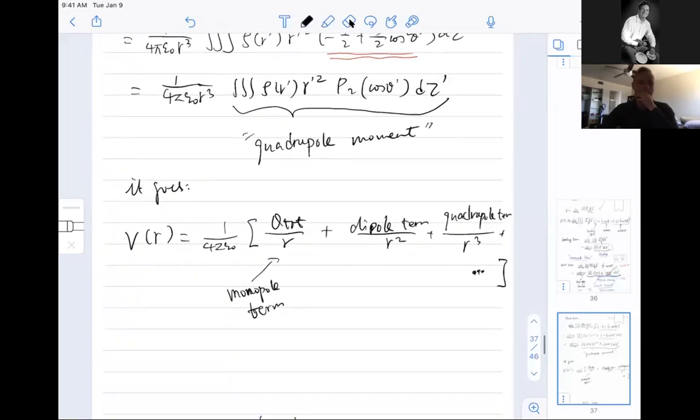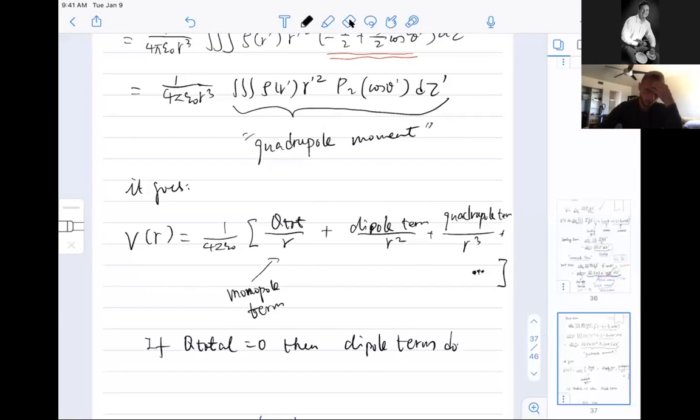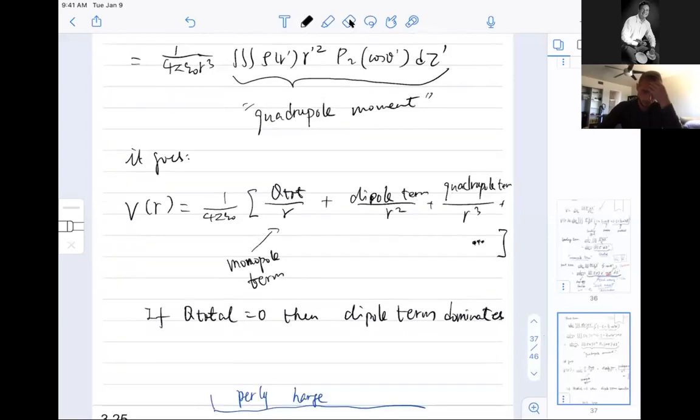But oftentimes we just need the first few terms, that is the dominating, and that's good enough for us. If your Q net, if Q total is 0, then obviously the dominant term becomes the dipole term. The first term goes away. The dipole term is dominating. Okay. If your Q net is not 0, then your monopole term should be dominating.